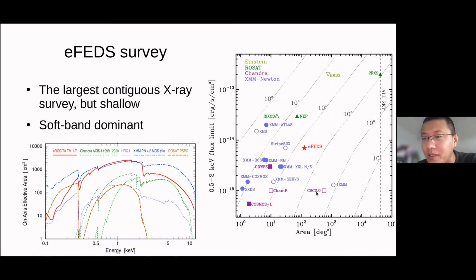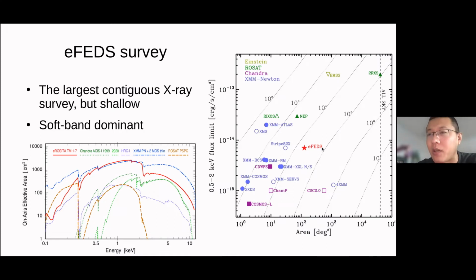These two surveys, the 4XMM and the Chandra CSC2, are based on the full archive of XMM and Chandra, so they are not about selected contiguous regions. Some famous contiguous region surveys like the COSMOS field and the XMM-XXL field are here in this region. The eFEDS survey is much larger than them, but it's not as deep as them. So eFEDS, generally speaking, is a large but shallow survey.